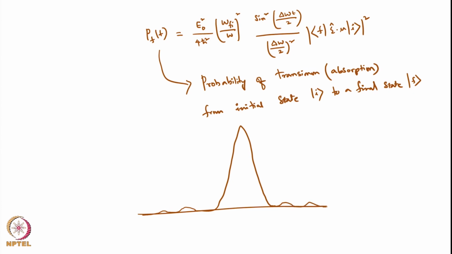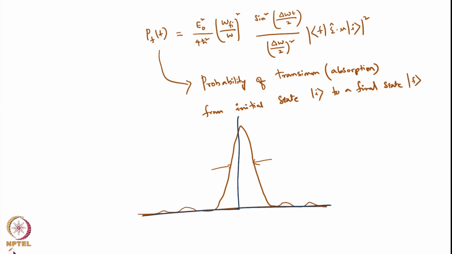Something like that. Now, one interesting fact is that this has got width, and this width has some important consequence. We will go to the line widths and then we will discuss this.